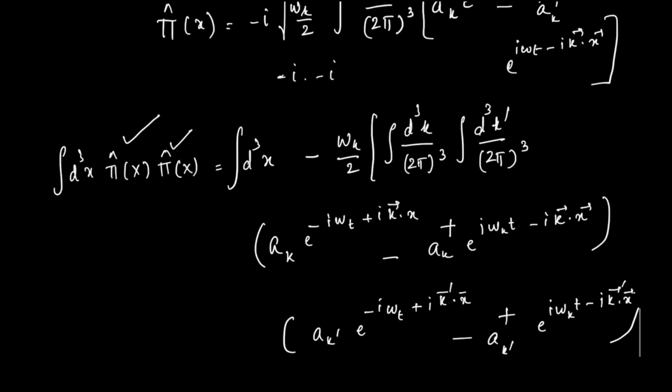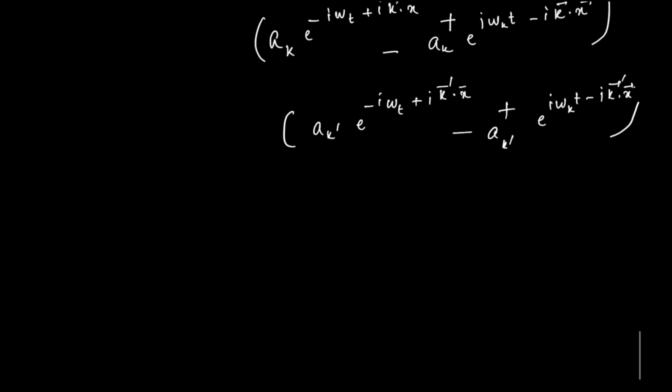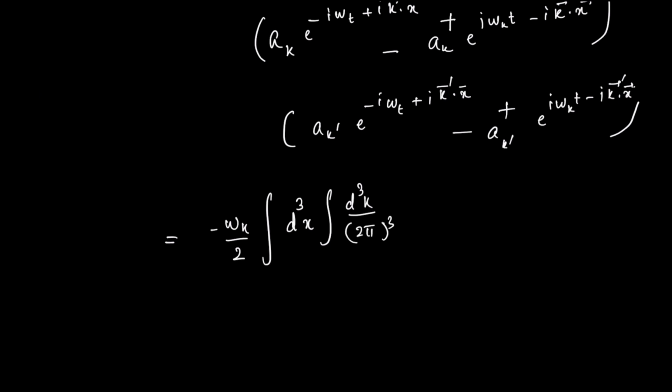Now this minus omega k by 2 is a constant, so I can take it outside the integral. Minus omega k by 2 integral d cube x. Then there are two integrals, d cube k by 2 pi cube and d cube k prime by 2 pi cube.